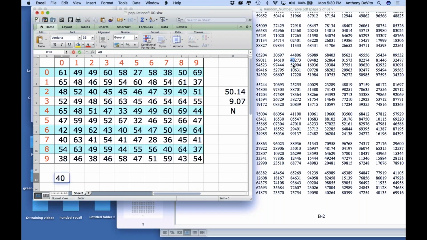For instance, the next one I'm looking up is 27, which is row 2 and column 7. So my next number is 39. You're probably going to want to type them into Excel, maybe below the box like I'm doing here, so you can do your calculations. Okay, so 27, 30, 52.